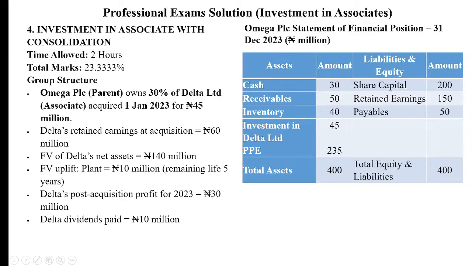Then PPE is 235, the carrying amount of the plant. So we have total assets of 400 million. Then liabilities and equity: share capital 200 million, retained earnings 150 million, payables 50 million, total equity and liabilities is 400 million.